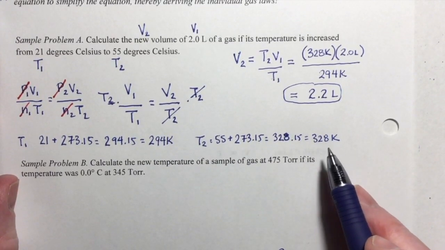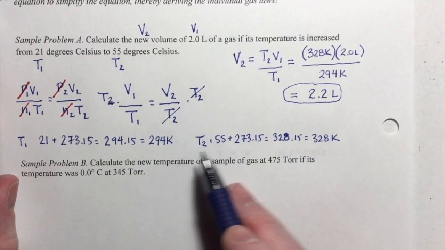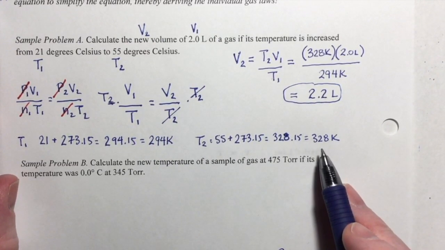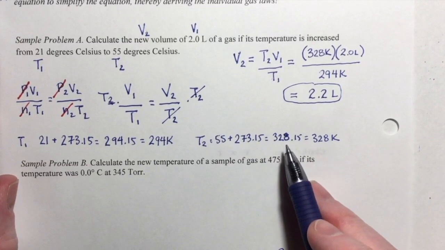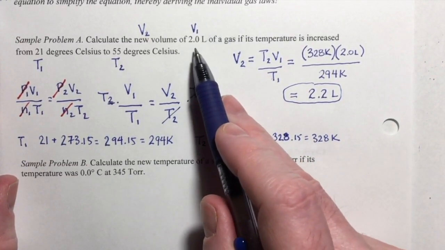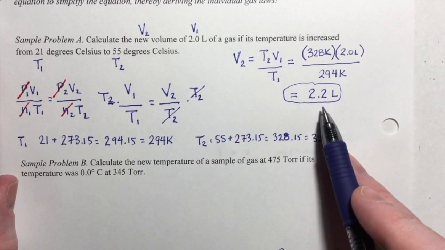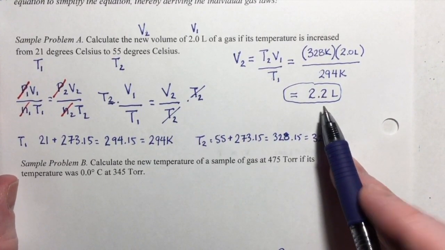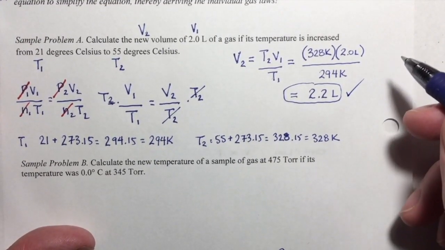And we know that volume and temperature are directly proportional. So if we're increasing the temperature by about 10%, we should expect the volume to increase about 10% as well. And indeed, we went from 2.0 to 2.2, and that is a 10% increase. So not only does the math work out, but it makes sense.